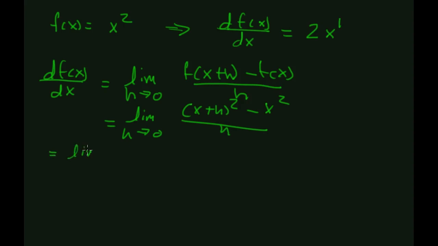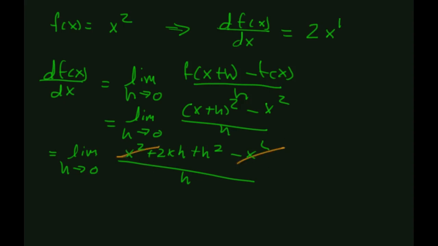We get the limit as h approaches 0 of x squared plus 2xh plus h squared minus x squared over h. Something neat happens here: this x squared and this x squared cancel. So this now becomes the limit as h approaches 0 of 2xh plus h squared over h.